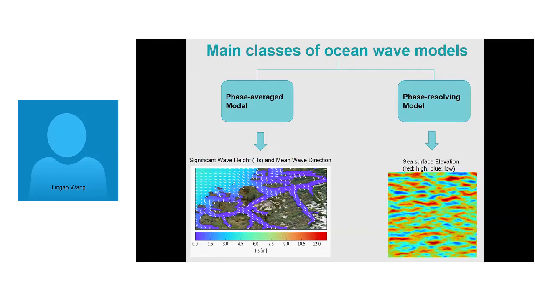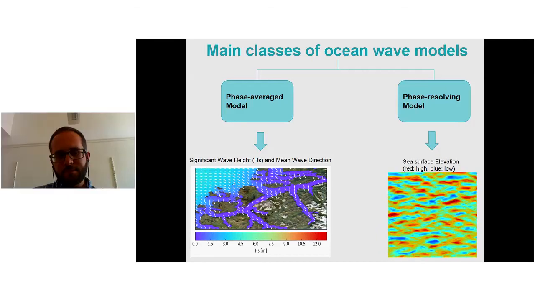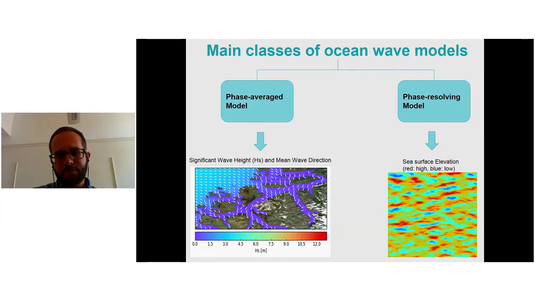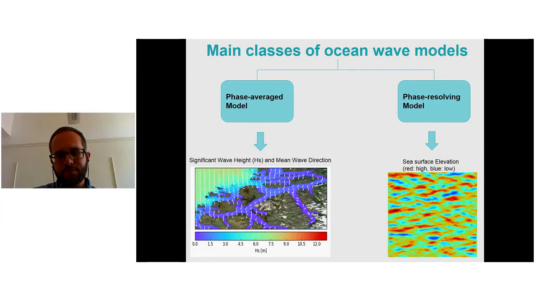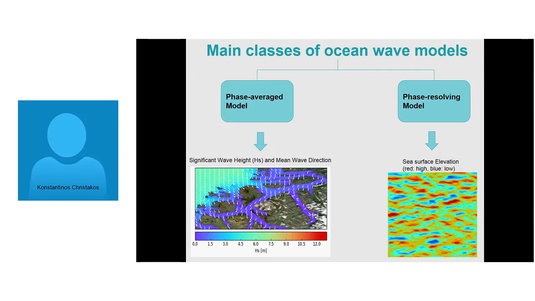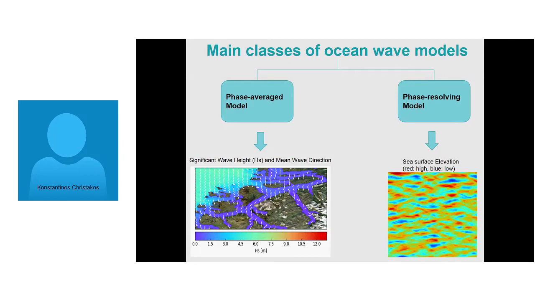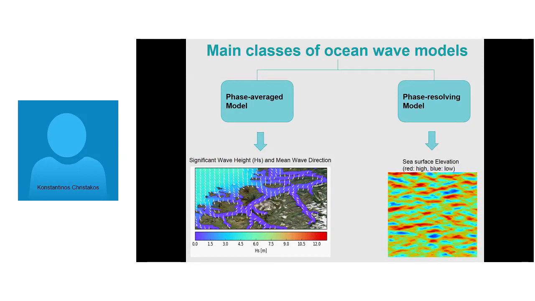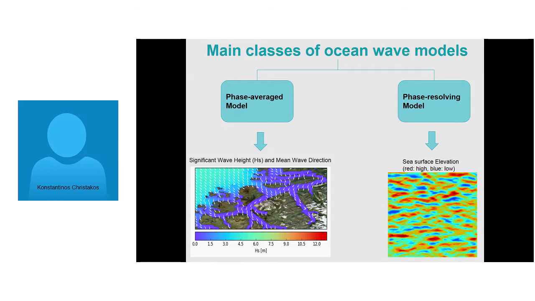No. This is just, for example, an illustration of the two different available ocean wave models that we have. But my work is only phase average model based on SWAN.